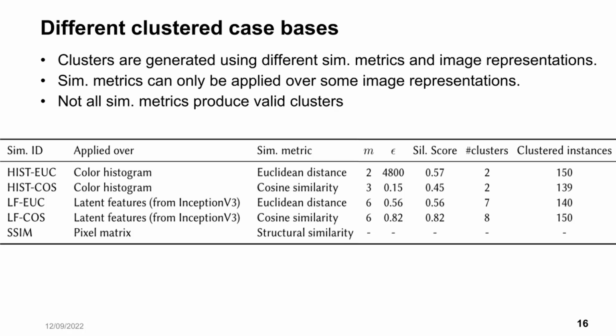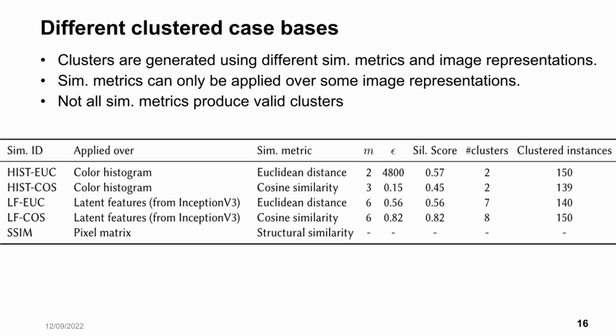As we mentioned before, clusters are generated using different representations and metrics. In the table below, we introduced the concept of similarity IDs, which are basically combinations of image representations and similarity metrics. Observe that some metrics can only be applied over certain representations, like structural similarity, which is only compatible with pixel matrices.